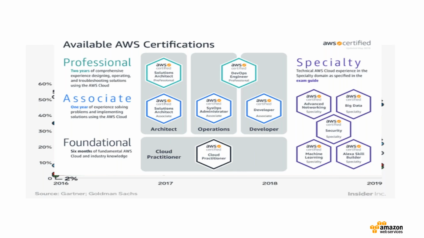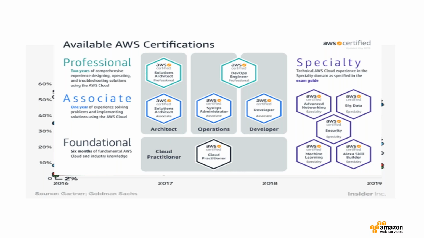Normally, who has completed 6 months of foundational AWS cloud and industry experience are eligible for the foundational certificate. Associate is for 1 year of experience solving problems and implementing solutions using the AWS cloud. And 2 years of comprehensive experience designing, operating, and troubleshooting solutions using the AWS cloud makes them eligible for professional. So these are the three levels of certification.